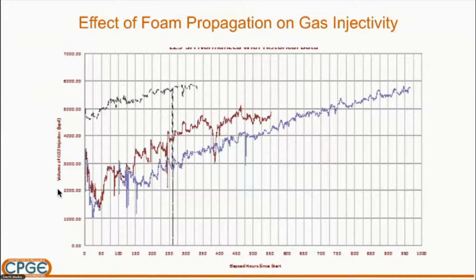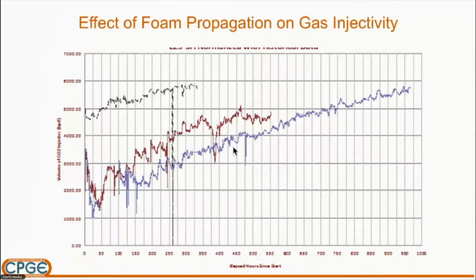You can see clearly that with surfactant, the CO2 injectivity is lost at early time, which indicates significant foam development near the wellbore. However, in time, the injectivity of CO2 builds up, indicating the foam has already propagated far away from the sand face.